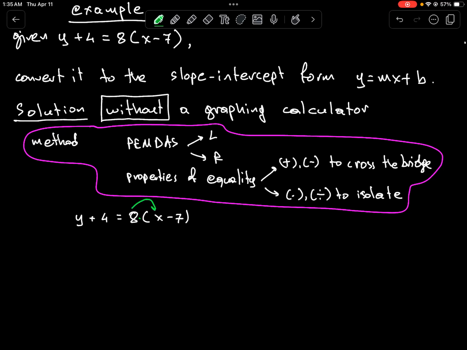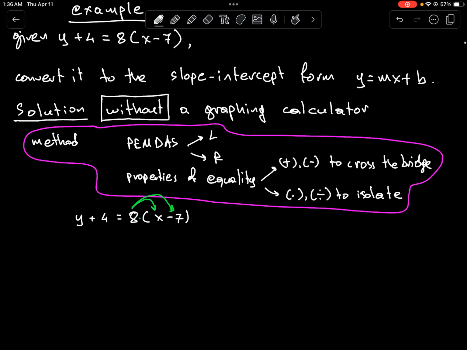And I will do that by distributing. And the next step will be the same left-hand side, and on the right is 8 times x, which is 8x, then 8 times negative 7, it's positive 8 times a negative, which is a negative 8 times 7, 56.